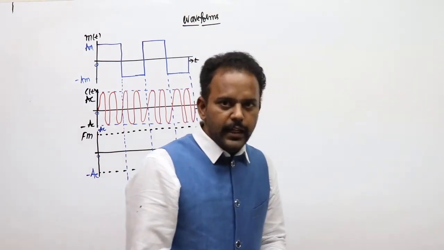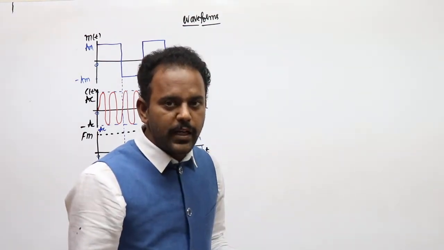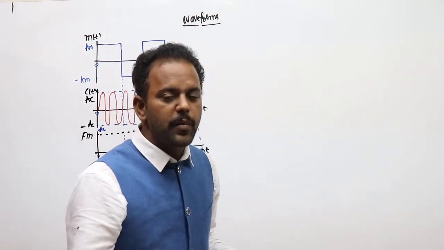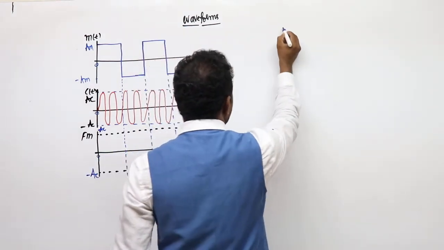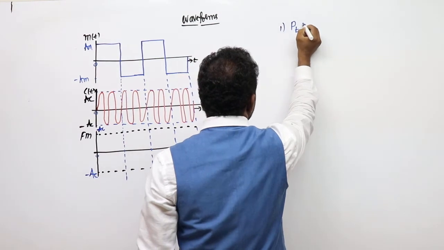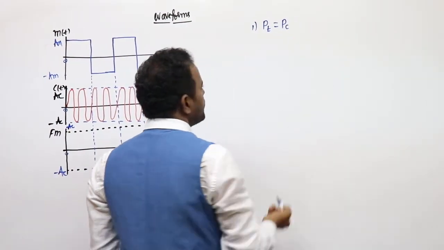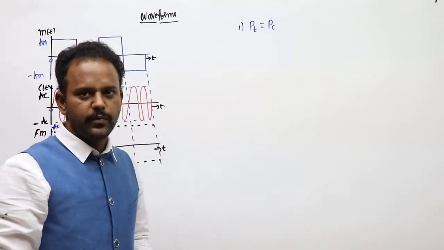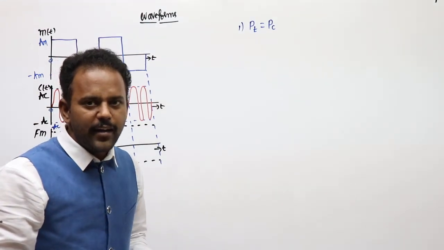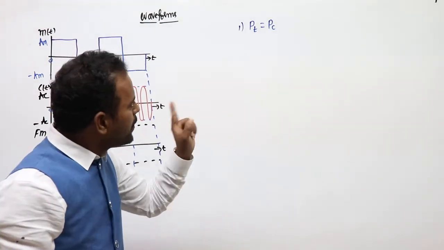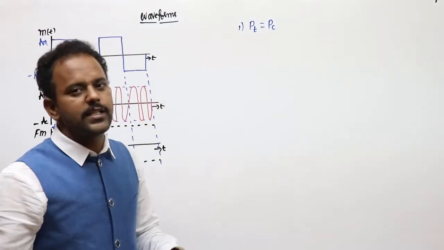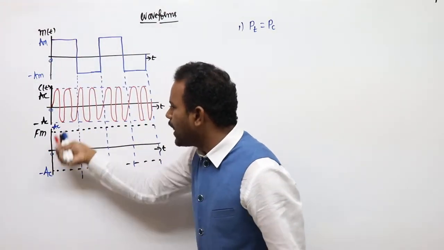I can say the total power in FM signal before and after modulation is the same, meaning PT is equal to PC, where PC is the carrier power and PT is the total power. Both are the same because there is no change in the amplitude.